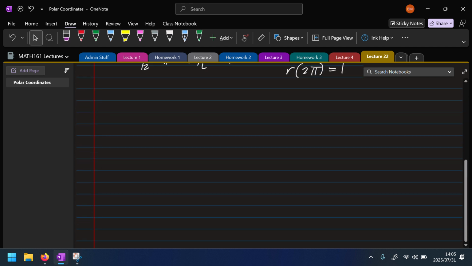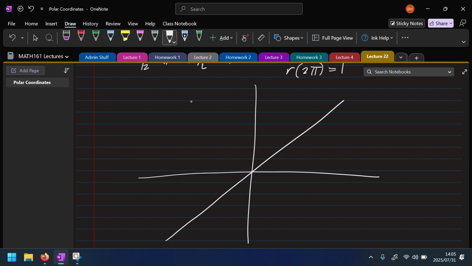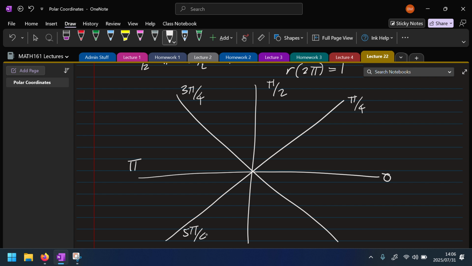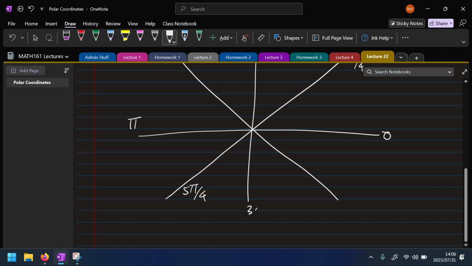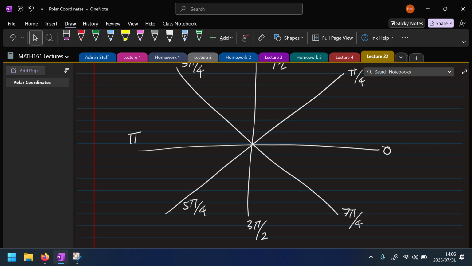Okay, let's fill in our axes. So we've got something like this. Again, you don't need to fill in all of the angles there, just the ones that you need. But here we've got 0, pi over 4, pi over 2, 3 pi over 4, back to pi, 5 pi over 4, the bottom one that's 3 pi over 2, 7 pi over 4, and then back to 2 pi, but we already have that at 0.